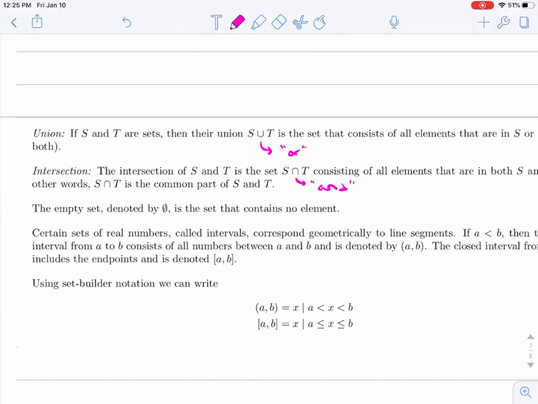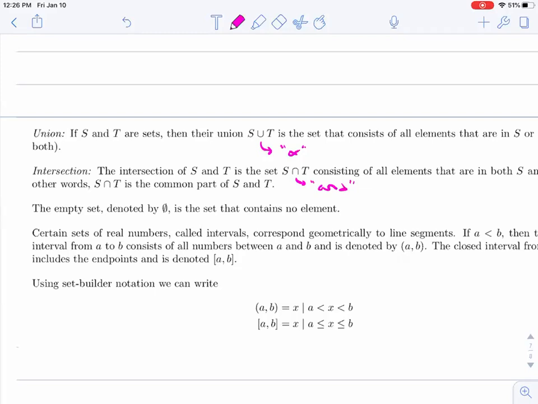Circle in a circle, and they've got some overlapping area. Set S is a circle, set T is a circle, and they may or may not have some overlap. S or T is all the elements that are either in S or in T or in both, so it doesn't matter which circle it's in.